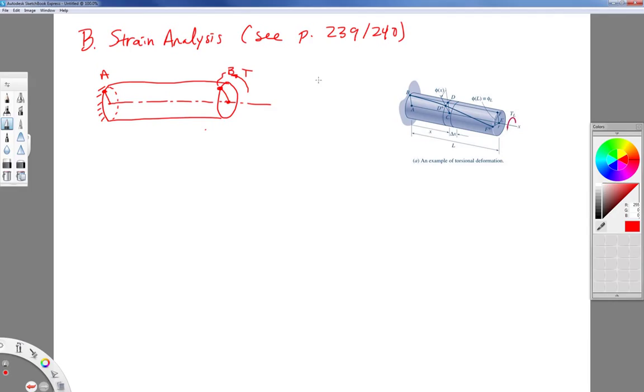If I look at the end view, okay, there's my point B before the torque is applied. And when I apply this torque in this direction, point B is going to rotate to some new location. I'm going to call that B star. And this angle is our angle of twist again. That's our angle phi. Now point A doesn't move because it's on the fixed side, but point B does.